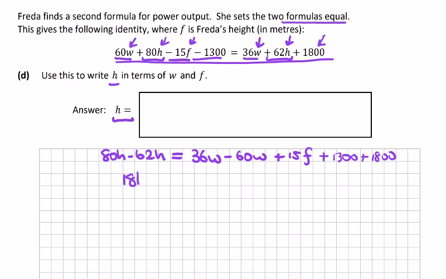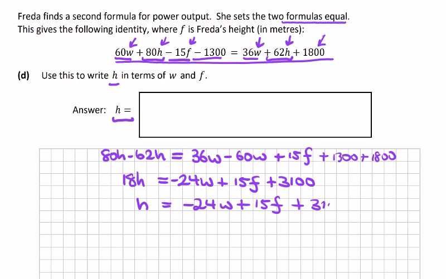So we've 18H equals, what have we got there, 24W minus 24W plus 15F plus 3100. So H would have to be all of this right hand side divided by 18. They're really just testing your simplification skills here. And that's the answer to that question.